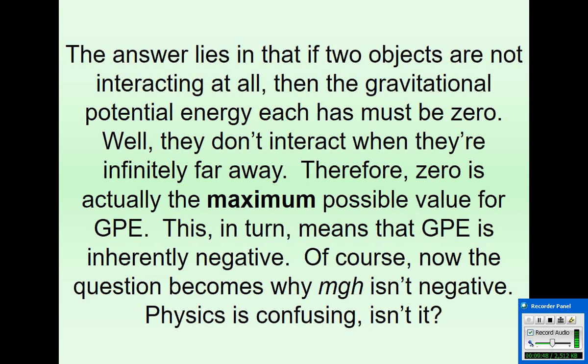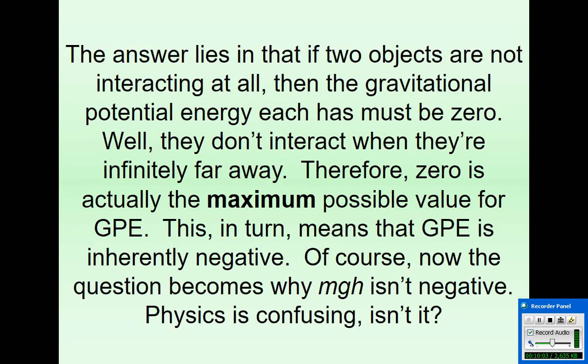So when they're infinitely far apart, the gravitational potential energy of the system is zero. There's just nothing going on between them. I hope that makes sense, because that has to make sense for the next part to make sense.